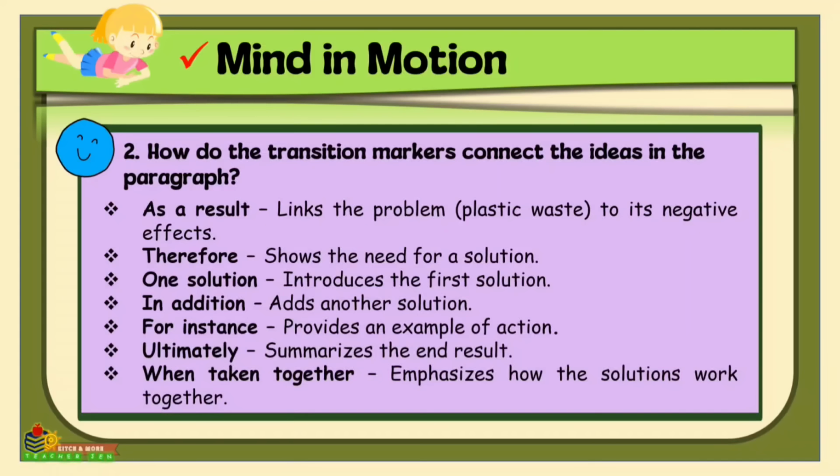Then, in addition, adds another solution. For instance, provides an example of action. Ultimately, summarizes the end result. And lastly, when taken together, is the one that shows the emphasis on how the solutions work together.